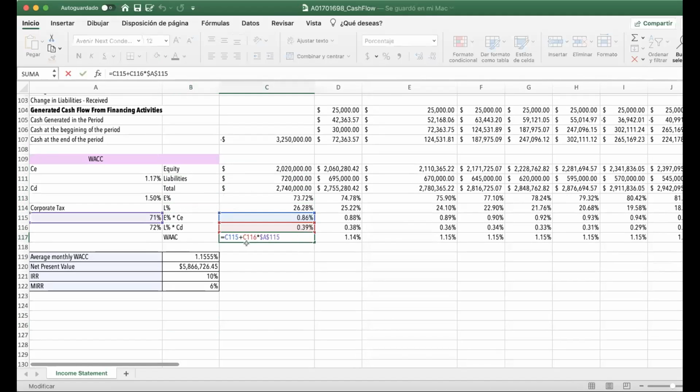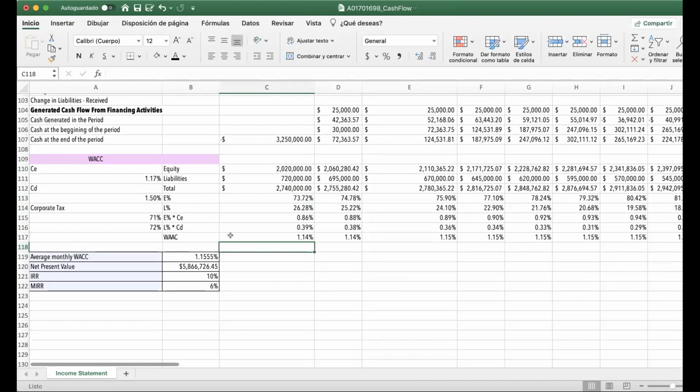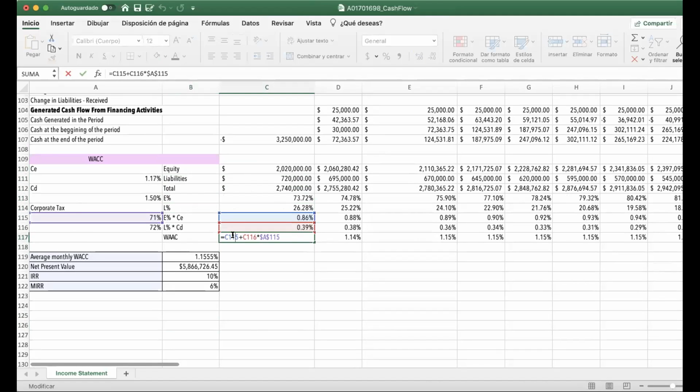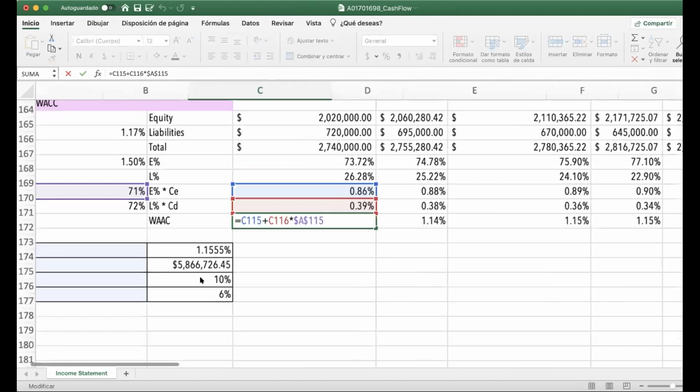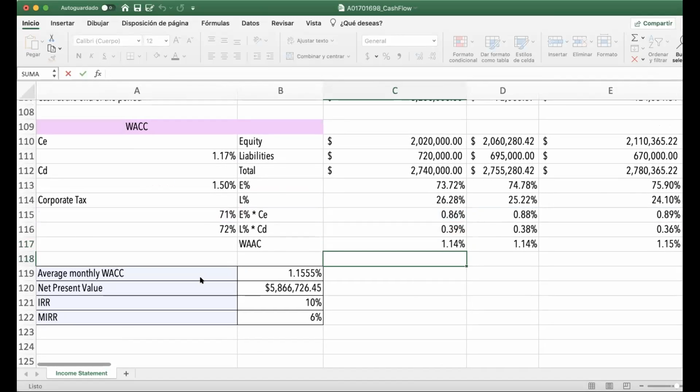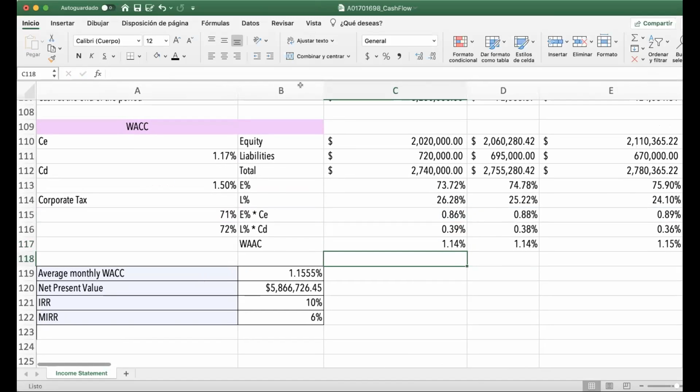For the WACC, I just put this plus this, and I multiply it by the corporate tax. But I think you are multiplying the equity by the tax shield. Okay, who can tell Aranza what she's doing wrong in her WACC?